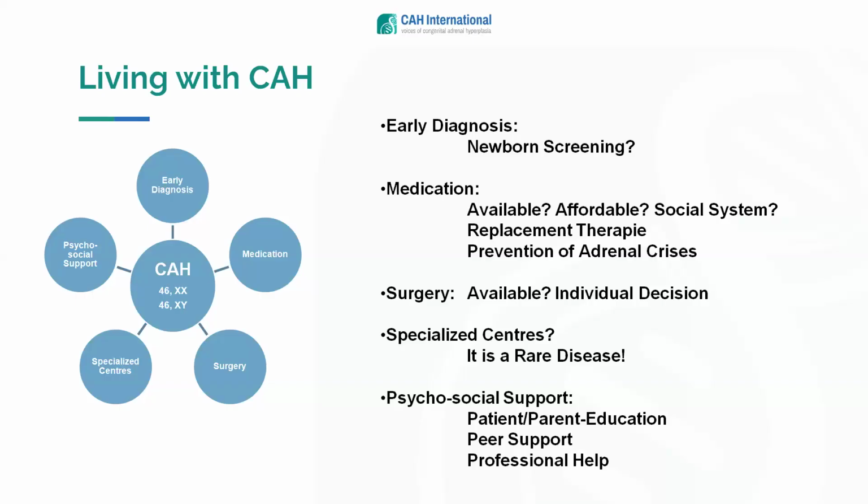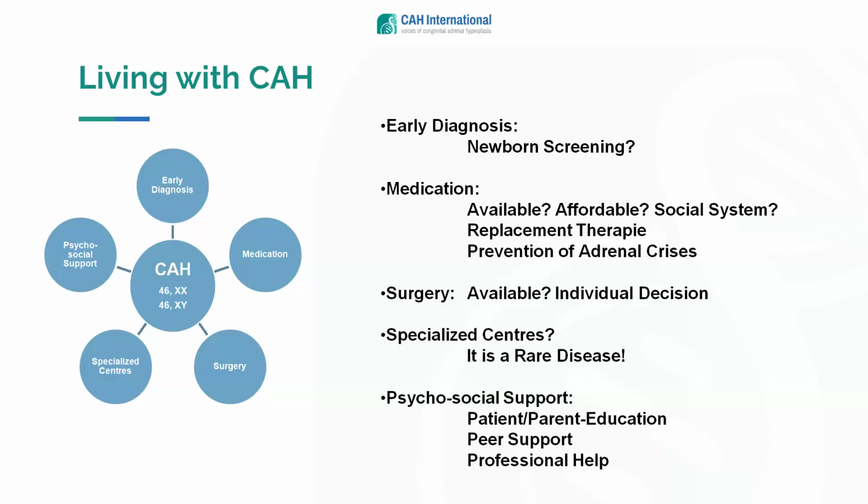In our high income countries, it's available, it's affordable. We have a social system which helps us so much to get medication for the replacement therapy we need, the hydrocortisone and the fludrocortisone, and also all the medication you need for prevention of adrenal crisis.